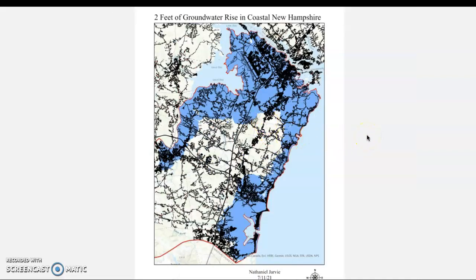Where do they go? And so this is 2 feet of groundwater rise in coastal New Hampshire. And this would happen because of the sea level rise. It would force the groundwater table a little bit further inland up. So, according to a journal article that I found, the groundwater would rise.